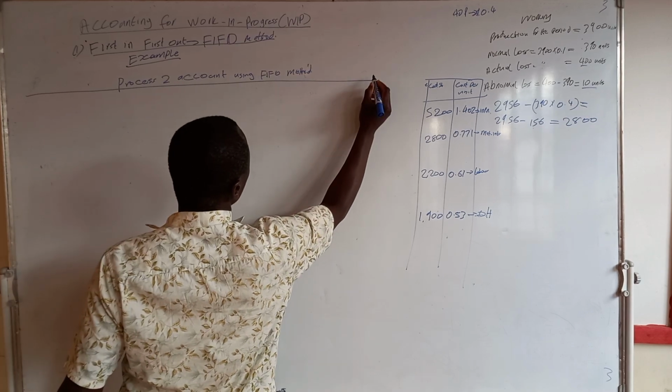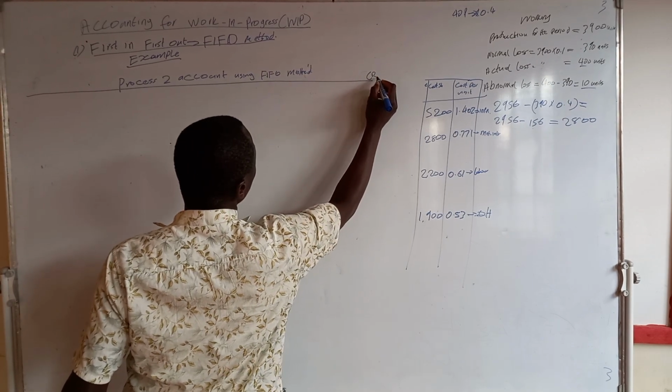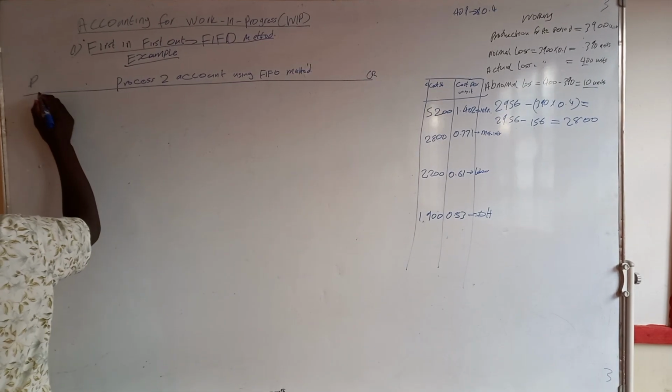This is the T account, so this side becomes DR, this becomes CR.